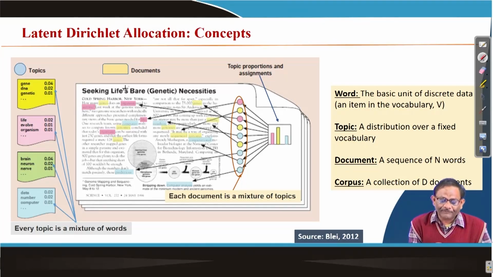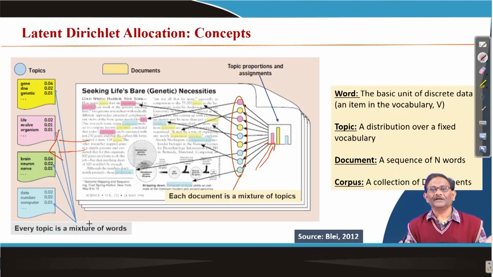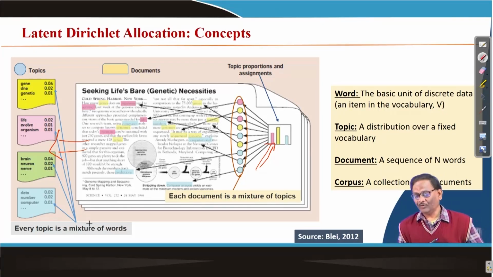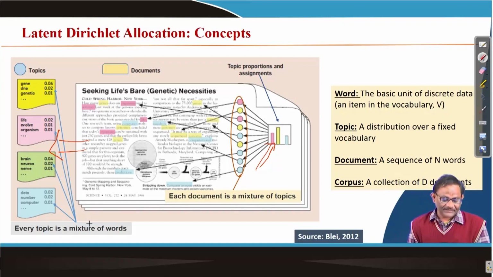Then from these documents you have to find out what are the hidden topics, which topic, and what is the proportion of the topic under each document. So the topics are hidden, what proportion they are assigned to each document is also hidden, and which words are related to which topic is also hidden. The only observed thing is the document, or I can say the words. Per document there are several words.